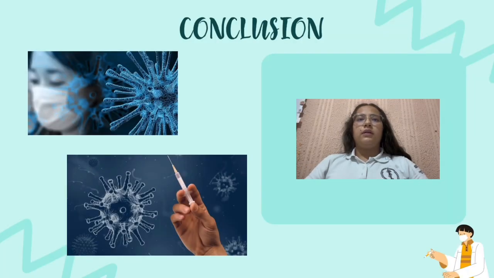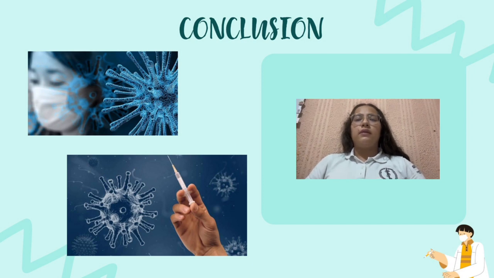And finally, in conclusion, the new coronavirus, also known as COVID-19, is an infectious disease that can cause pneumonia and other respiratory symptoms. The virus originated in China in December 2019 and has spread rapidly globally, prompting the World Health Organization to declare a pandemic in March 2020.